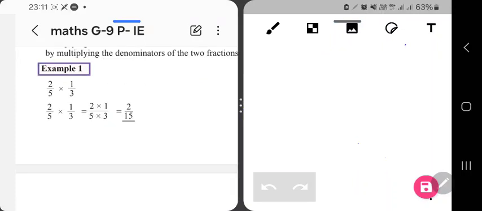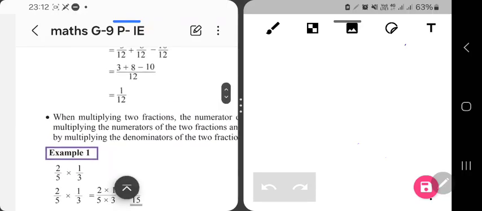Next thing is, now we learned adding fractions and subtracting fractions. So remember, when you add and subtract, you need to make the denominators of those fractions into an equal number, just like what we saw in this example.